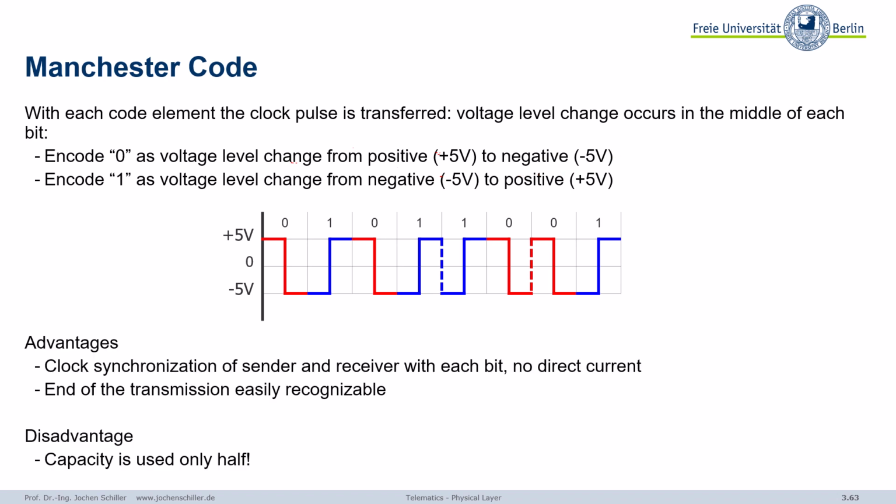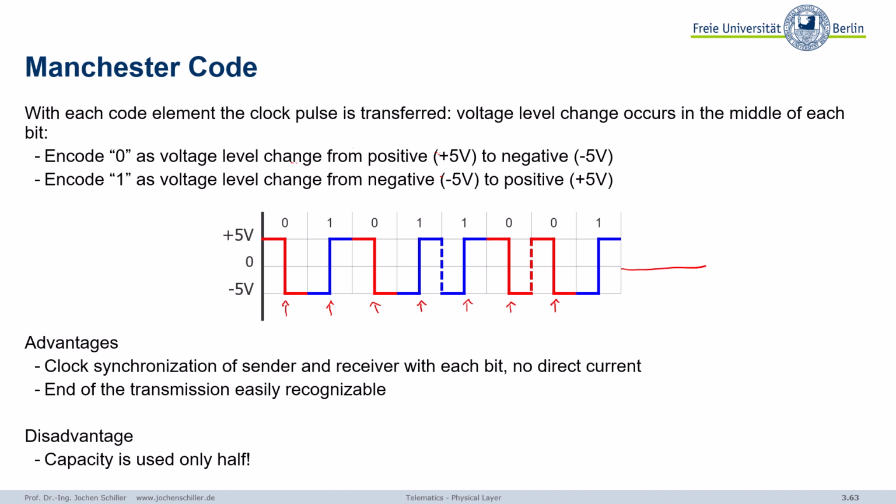The big advantage here is that we definitely always have an edge at the frequency of our bits. That's great. So this helps for synchronization. We know that's always the middle of a bit. There's no direct current, and we immediately notice the end of transmission if nothing is going on, because then we have 0, for example. So that's nice.